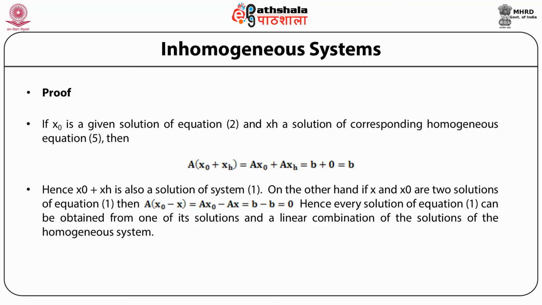On the other hand, if x and x naught are two solutions of equation 1, then A times x naught minus x is equal to A times x naught minus A times x is equal to B minus B equals 0. Hence, every solution of equation 1 can be obtained from one of its solutions and a linear combination of the solutions of the homogeneous system.